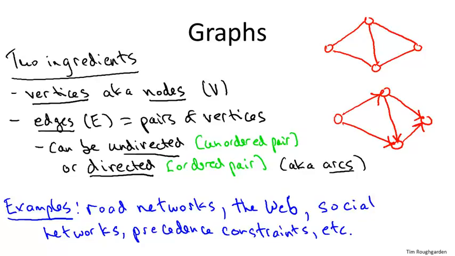You could think about the following graph, where each of the courses in your major corresponds to a vertex, and you draw a directed edge from course A to course B if course A is a prerequisite for course B. That is, it has to be completed before you begin course B. So that's a way to represent dependencies, sort of a temporal ordering between pairs of objects, using a directed graph. So that's the basic language of graphs.